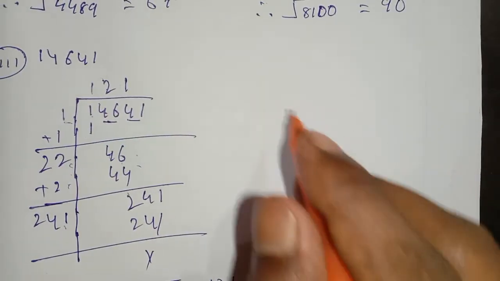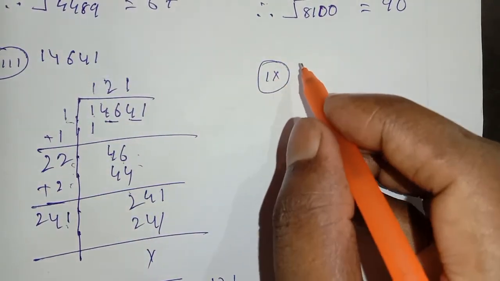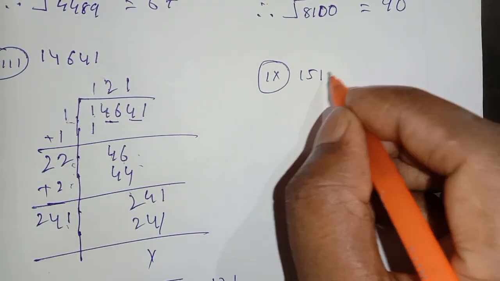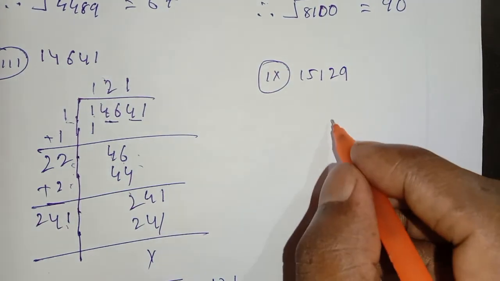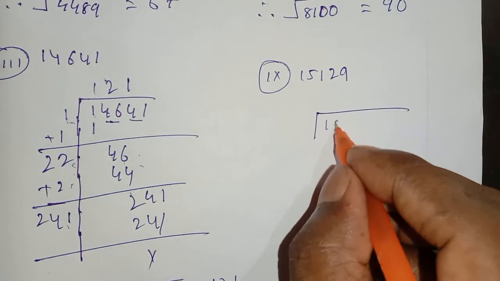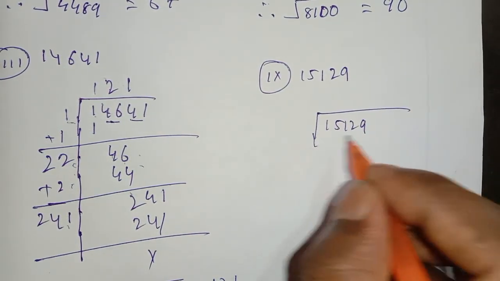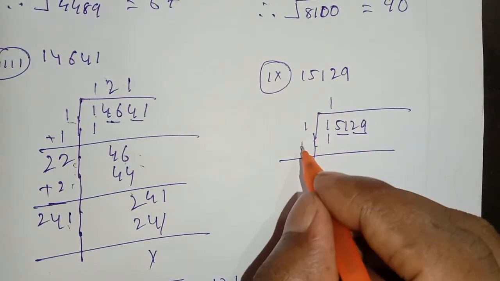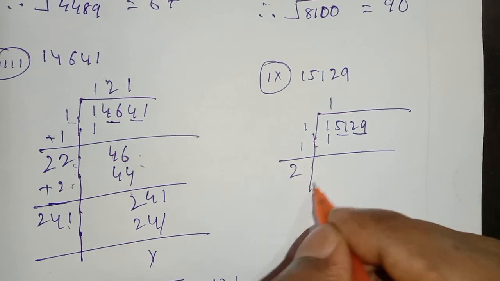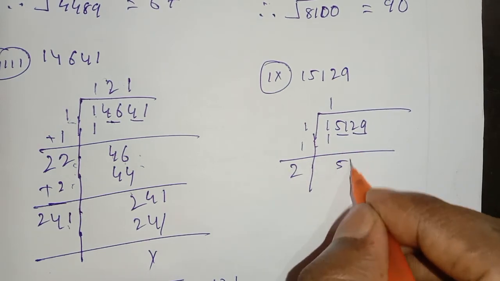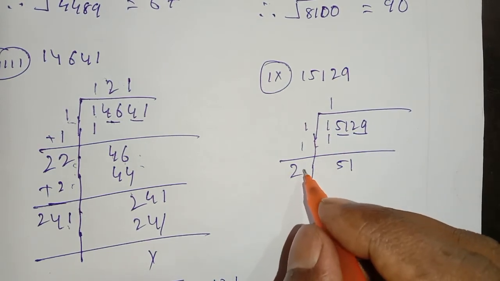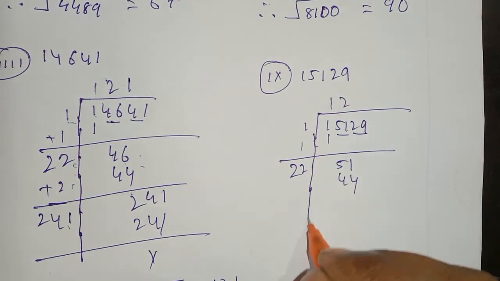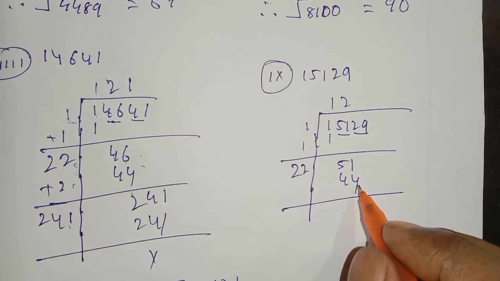Next number 9. 15129. These two is 1, then 1 times 1 plus, then means 2. Here minus, then 0 means 51 will become. Then 51 means how many times will we go again? 2 times 2 is 44. If we minus, then 11 minus 4 is 7.